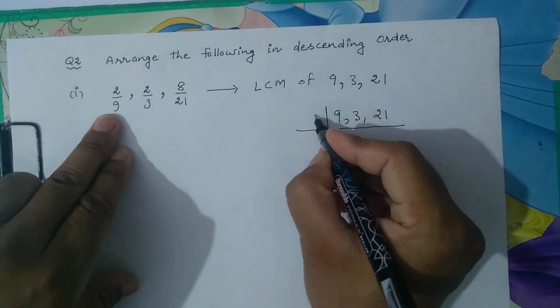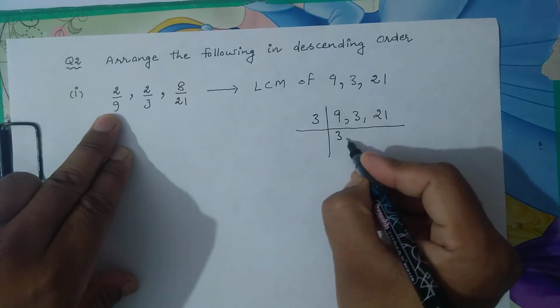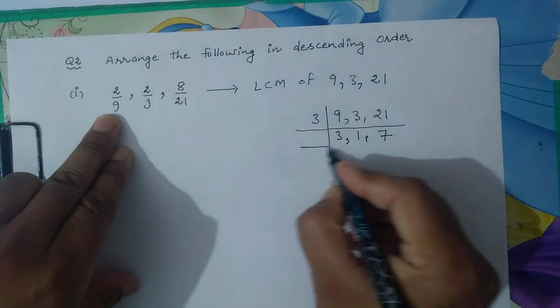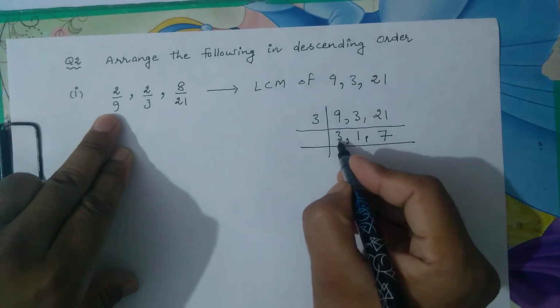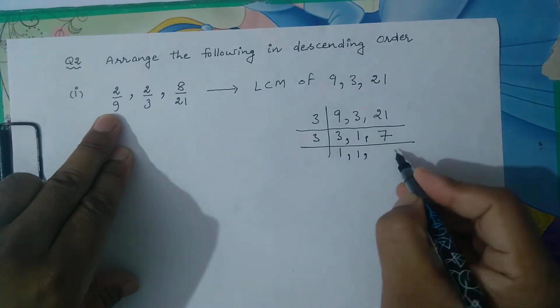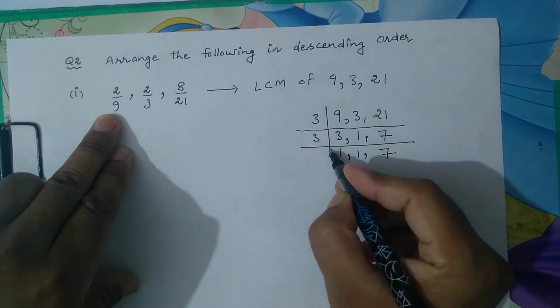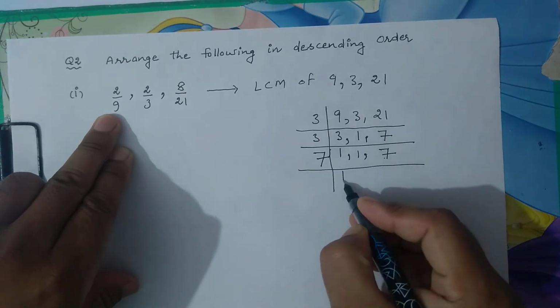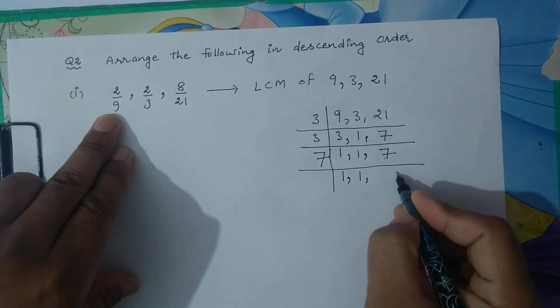Dividing each number by 3: 3 threes are 9, 3 ones are 3, 3 sevens are 21. Again divide each number by 3: 3, 1, and 7 is not divided, so 7 is written as it is. Next we divide each number by 7, so this is 1, 1, 1.